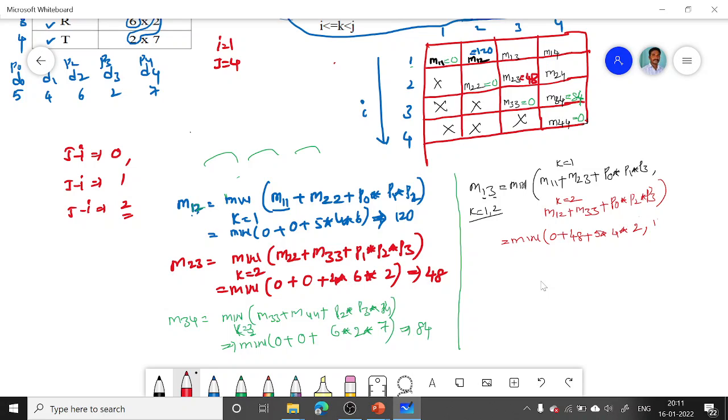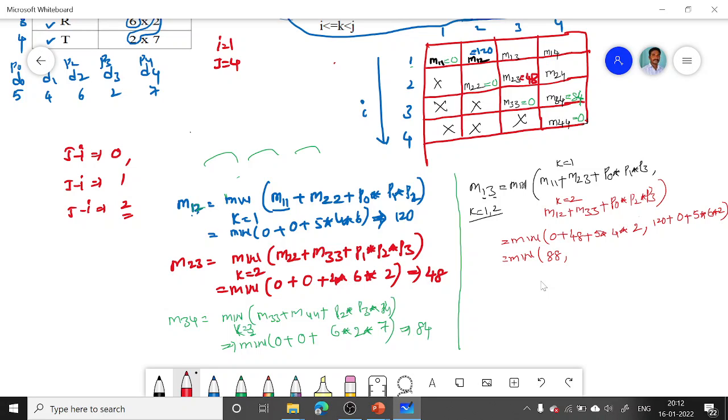What is that? 120 plus M33 0 plus, what is the P0 value? We have 5. And what is the P2 value? 6. And P3 value 2. So now the minimum of, so 5 into 4, 20, 20 into 2, 40, 40 plus 48, 88, comma.